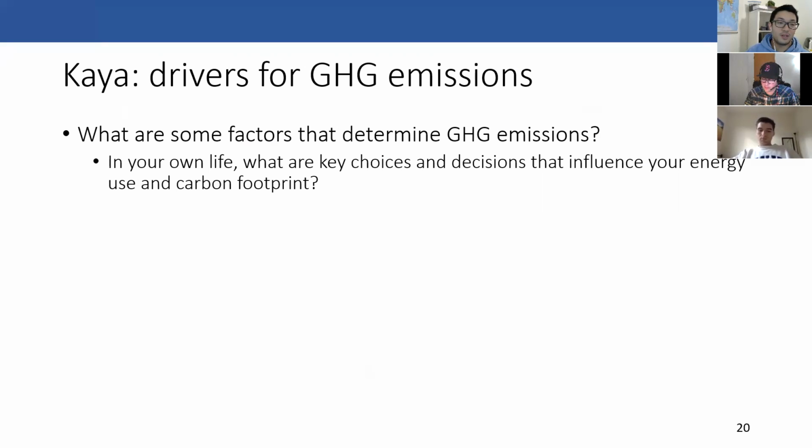So what are some other things? What I decide to eat, right? And so that's going to have some impact based off of what food it is, what's the energy and emissions associated with that particular food, and all the upstream effects.